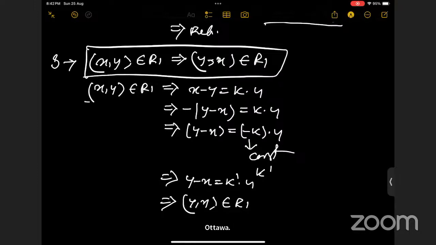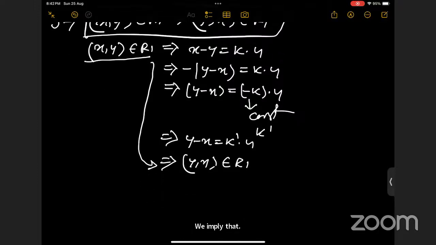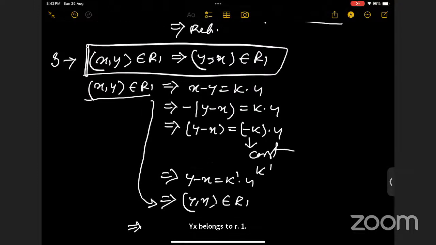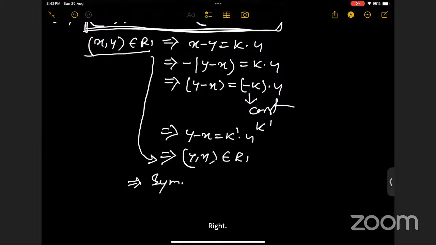So we started with any (x, y) belongs to R1, then we imply that (y, x) belongs to R1. Fine? So this condition is now satisfied, and we proved it generally. So this relation is symmetric. Is it clear? Yes, ma'am.